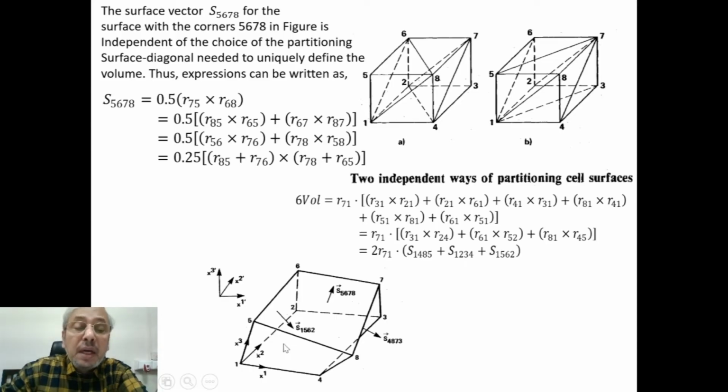plus 1562, that means this surface. So basically this diagonal is emanating from 1, and 3 surfaces are also emanating from or connected with 1.